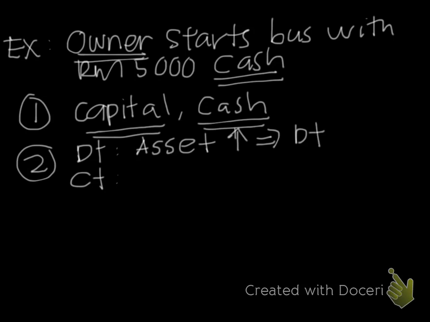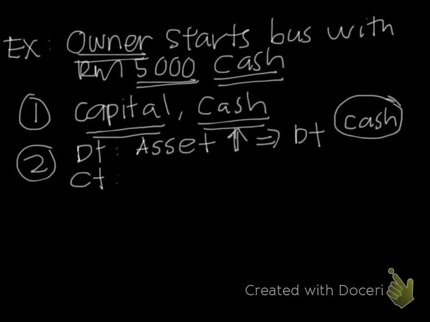In this case, the cash is one of the asset accounts. When the owner brings in his or her personal money 5,000 into the business, it increases the business cash, so the asset account increases. Specifically, the asset account involved is the cash, so the cash account is debited.